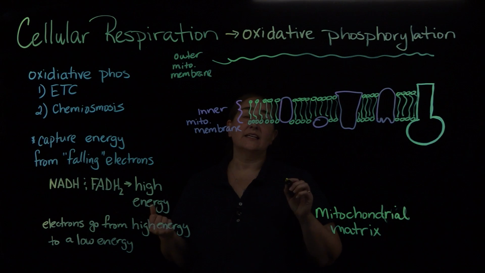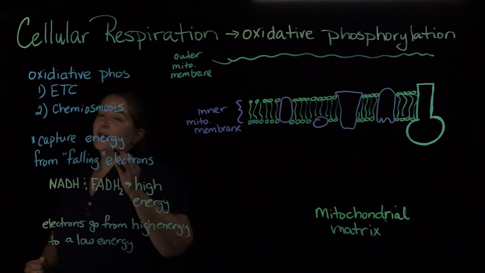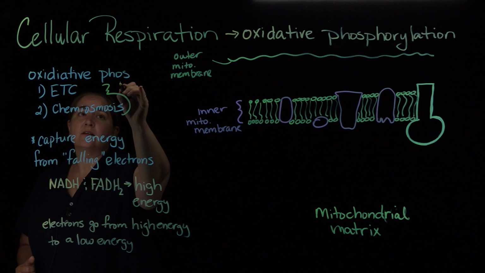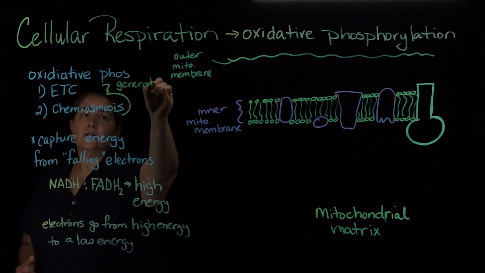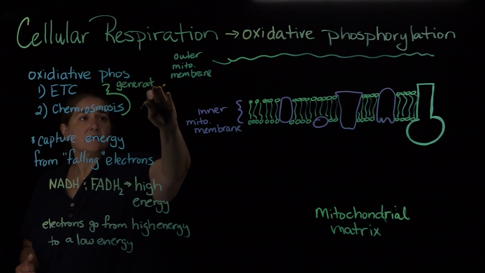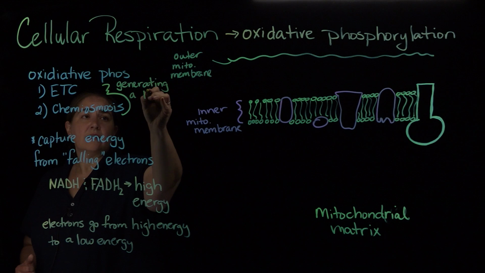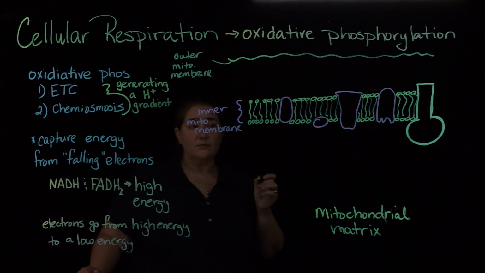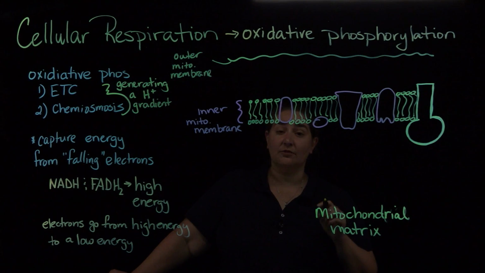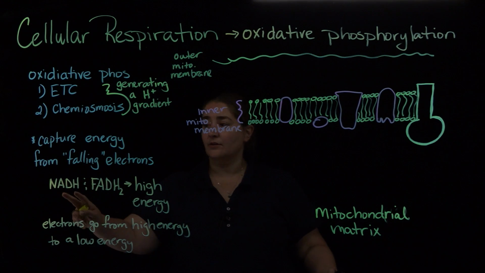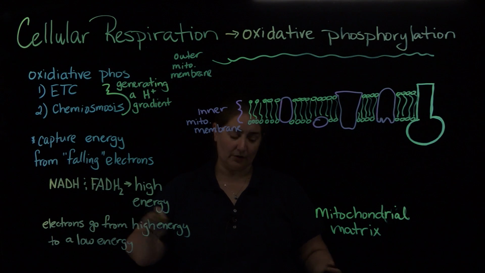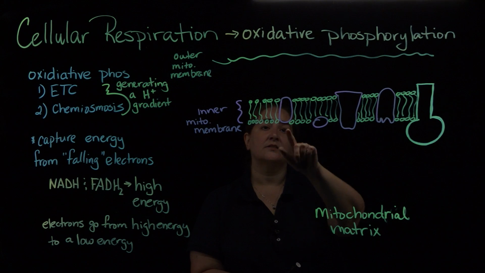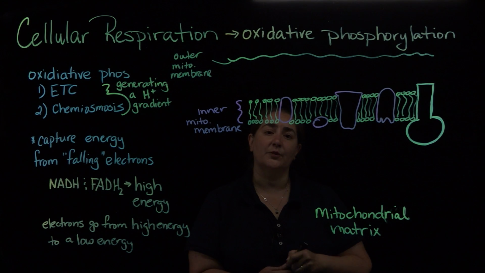One of the things that's key to oxidative phosphorylation and the electron transport chain is generating a hydrogen gradient, because that's key in our ability to generate ATP out of this process. The way we generate that hydrogen gradient involves our NADH and our FADH2.